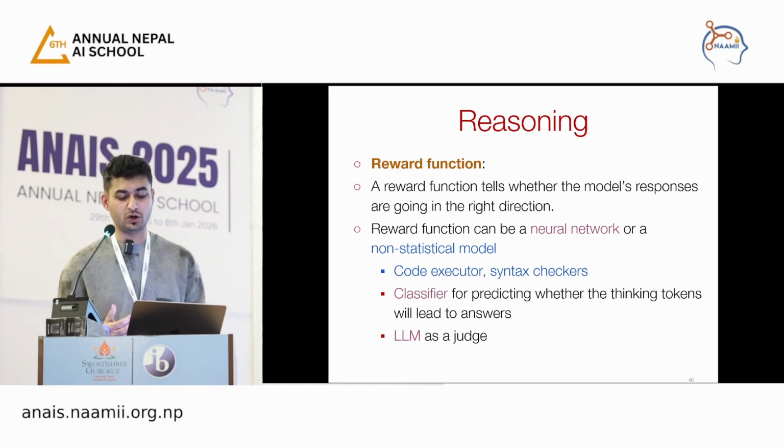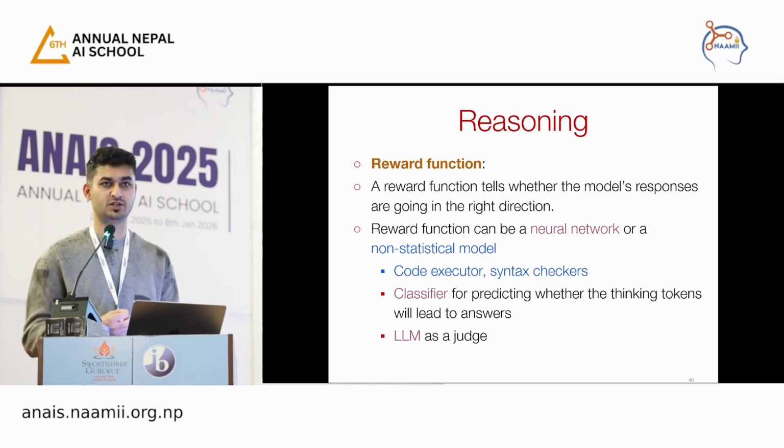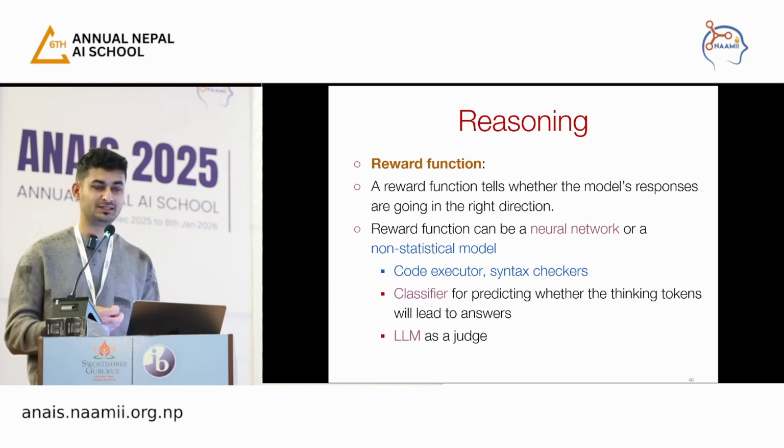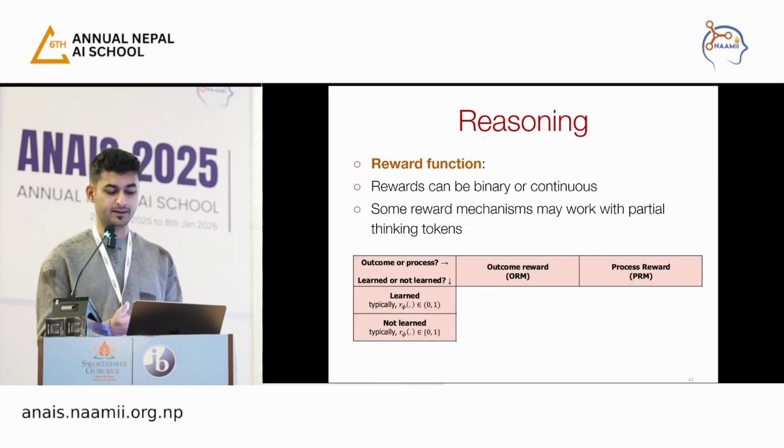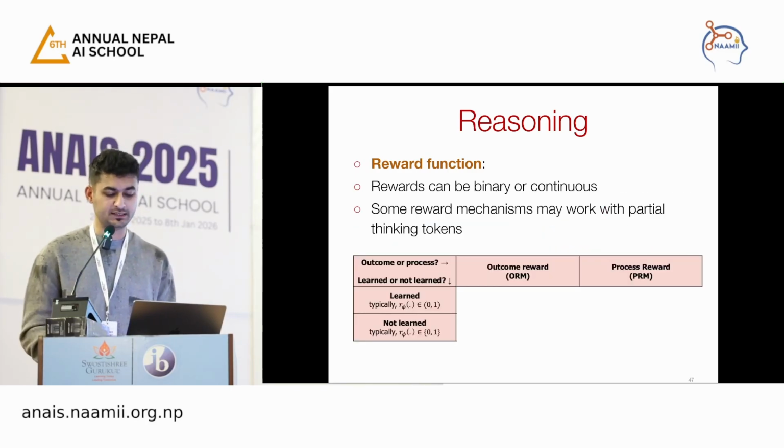Oftentimes we can also use the LLM itself as a judge, so that's a neural network. The reward function can be either of these, but the main goal is to give feedback in the development of reasoning LLMs, to tell whether the model's reasoning traces are going in the right direction.